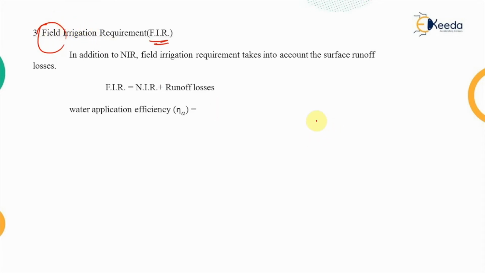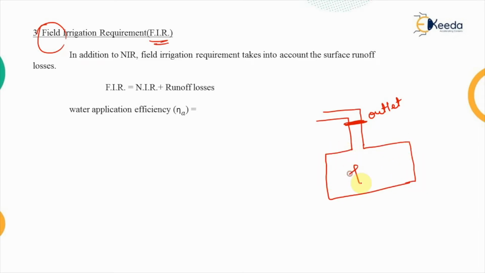That means if we are supplying the water with the help of certain channels, and this last path that is having the outlet, the point till which the responsibility will be on the government. And let's say this is the field on which the crop was grown. So this last portion of the water is known as the water course.